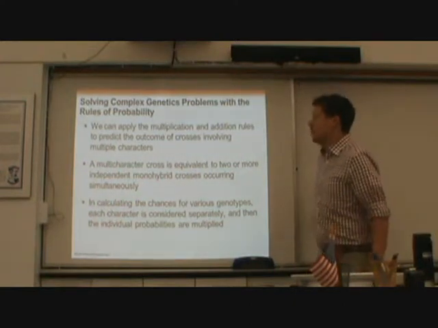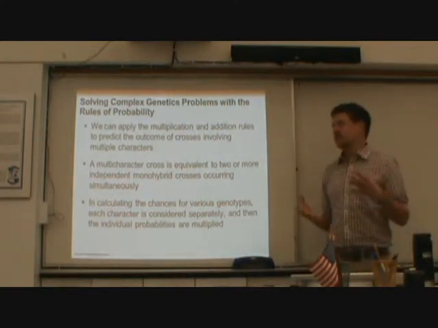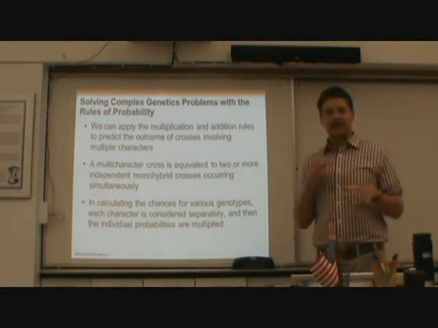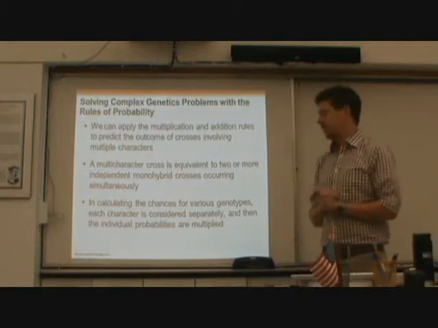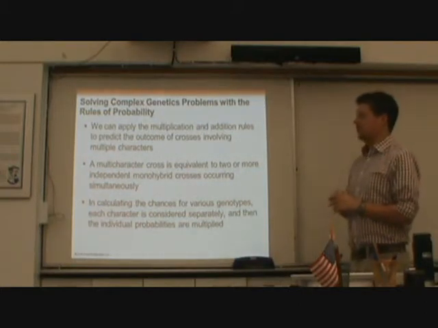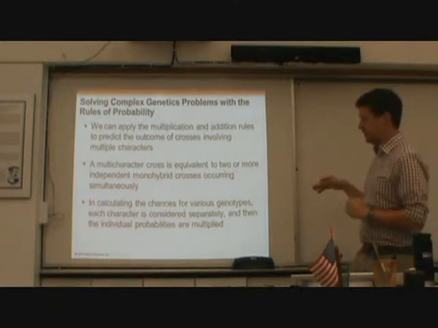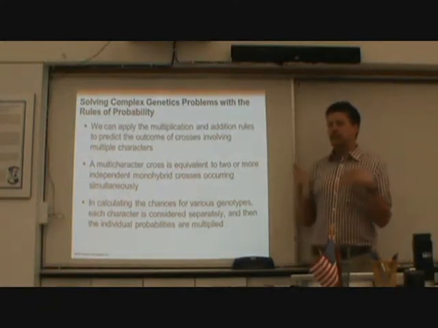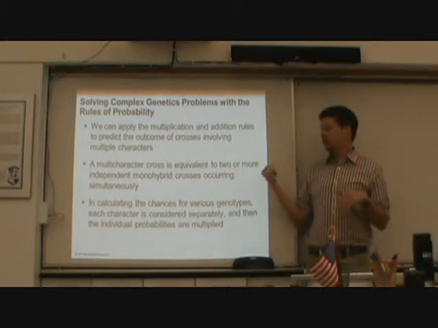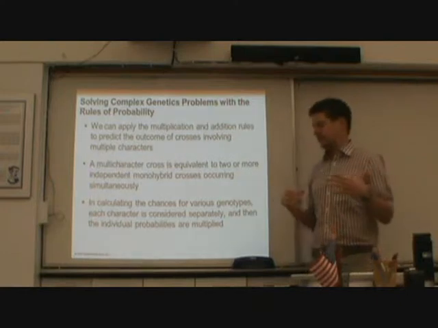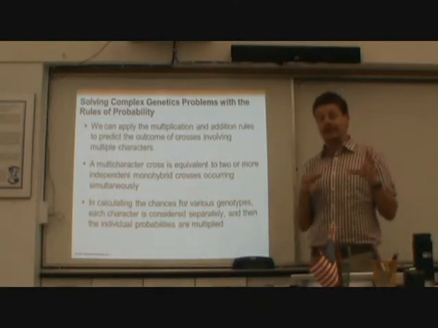So we can apply these different rules of probability in order to predict the outcome of more complicated crosses. We call these multi-character crosses. Multi-character crosses are the equivalent of 2 or more independent monohybrid crosses occurring at the exact same time because of that independent assortment.